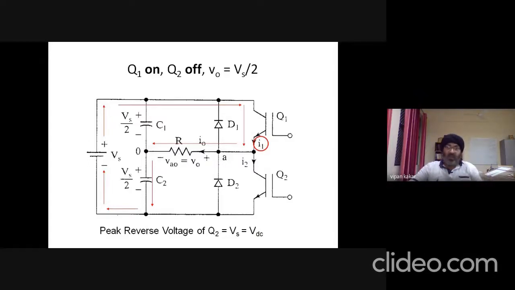Now, when Q1 is on and Q2 is off, this will be the flow of current. The red arrows show the direction of the flow of current. Because Q2 is off, the current will not follow this path, so the current will follow this path. Through this load, the current will have a direction from right to left.